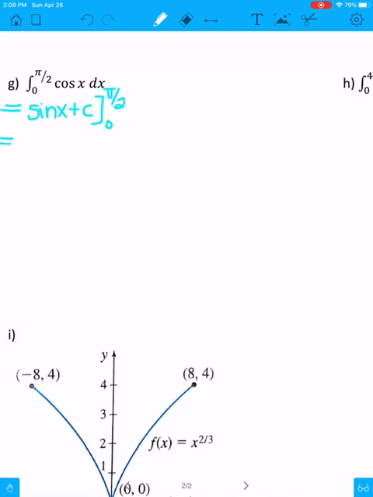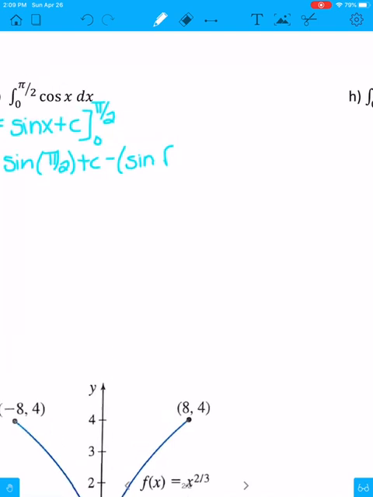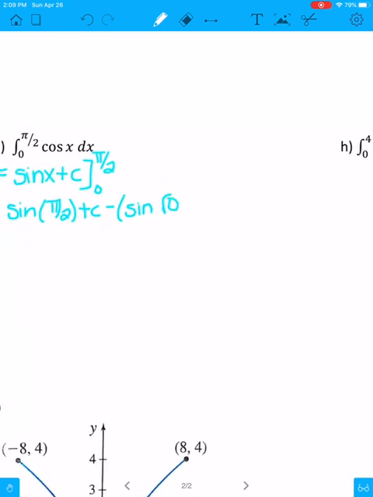And so we're going to get sine of pi over 2 plus c minus sine of 0 plus c.